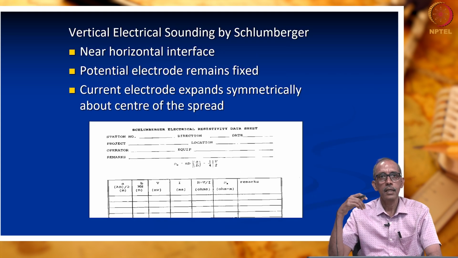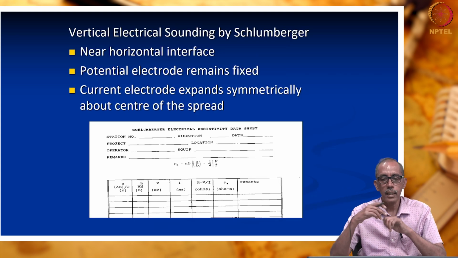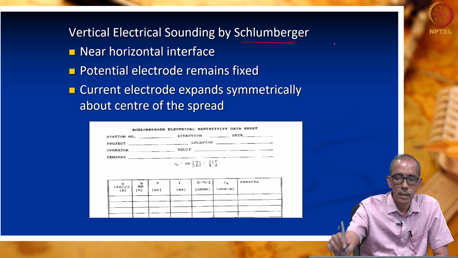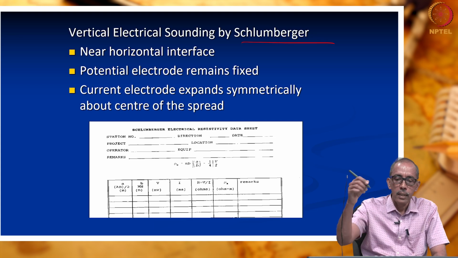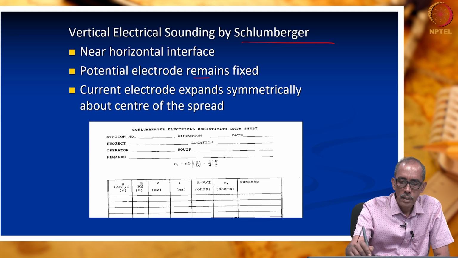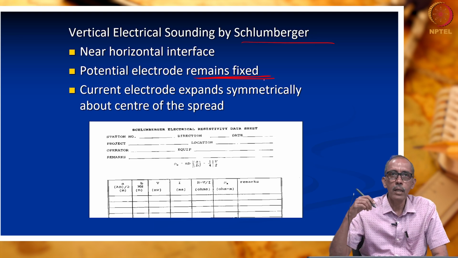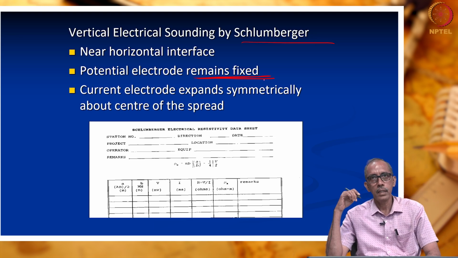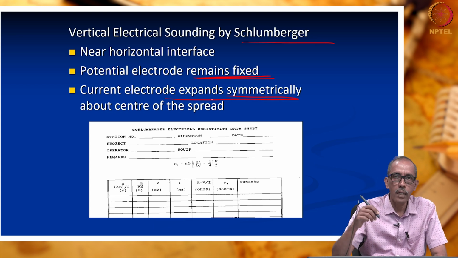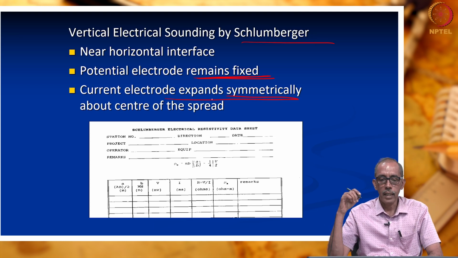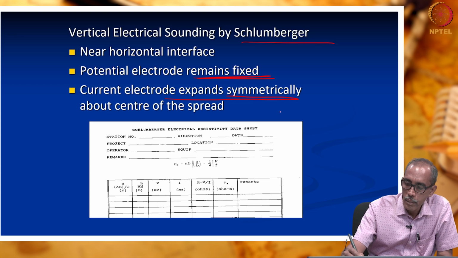Next, let us see how the data table will look when you use Schlumberger method, right? So, in Schlumberger method, there is no need to frequently move the potential electrodes. Only the current electrodes are symmetrically moved on either side. That means I will draw a diagram again.